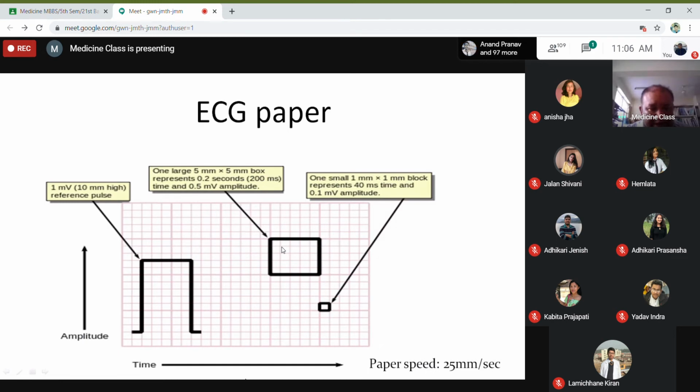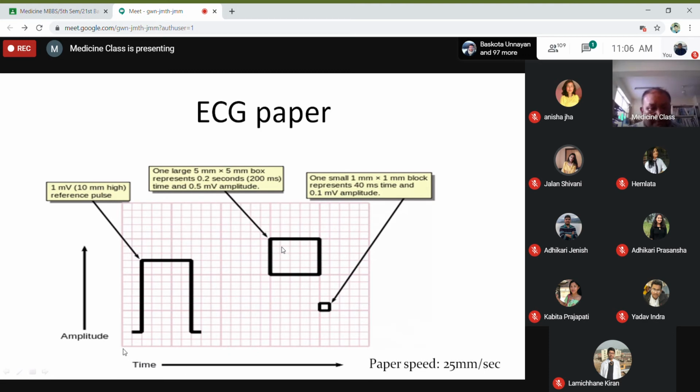Whenever we talk about time, we usually set the ECG machine at a rate of around 25 millimeters per second. So the paper speed would be 25 millimeters per second. So 25 means you have 5, 10, 15, 20, and 25.